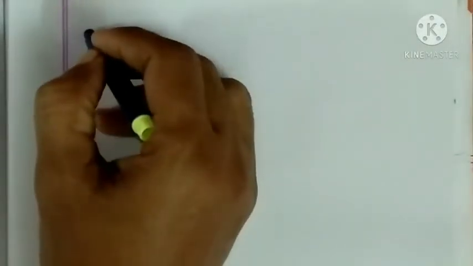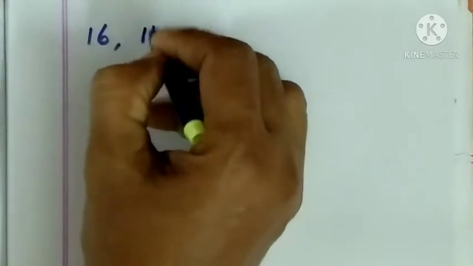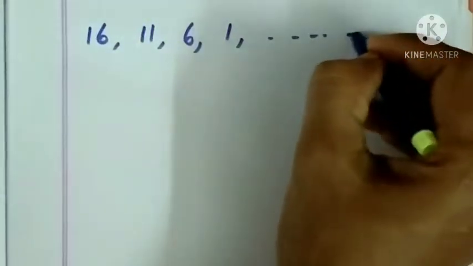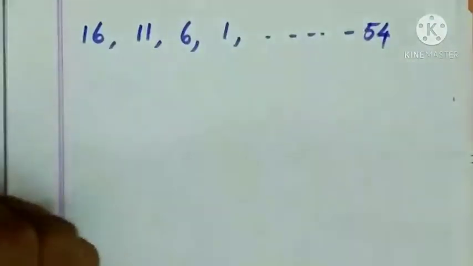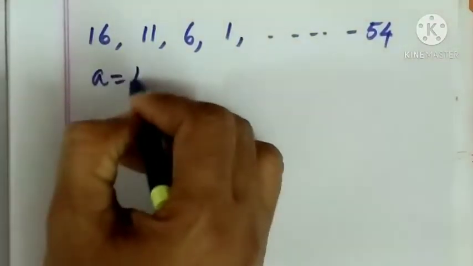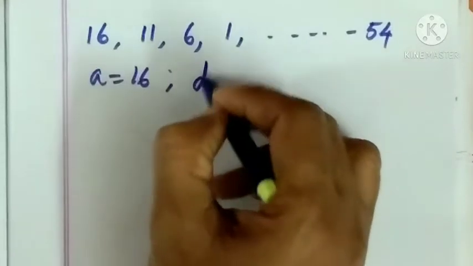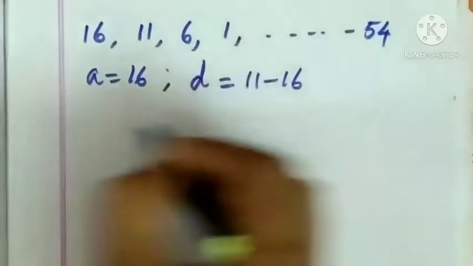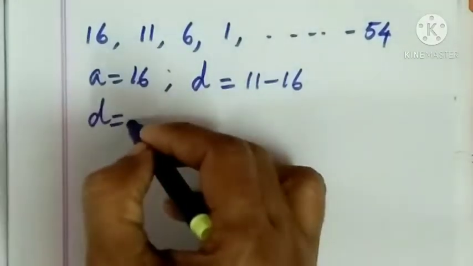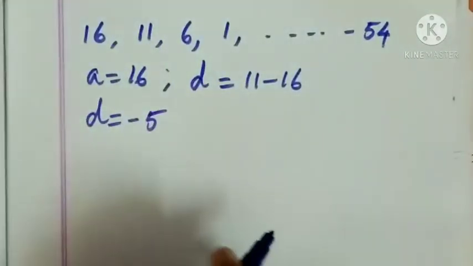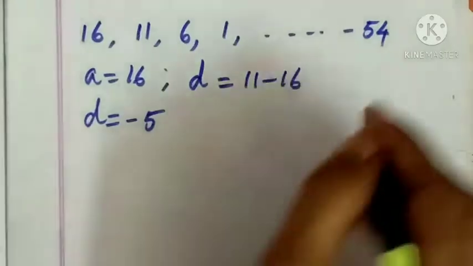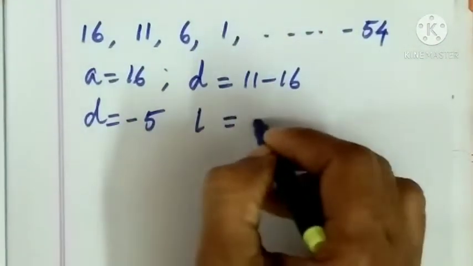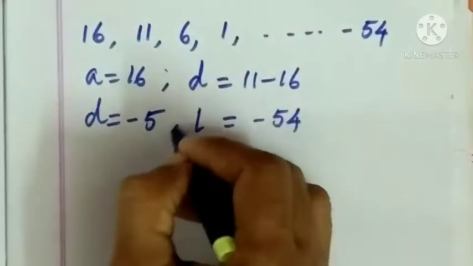Take down and write the given AP 16, 11, 6, 1 up to minus 54. Here A is equal to 16 and D is equal to 11 minus 16, that is D is equal to minus 5. Now, let us assume this number is the last term, that is L is equal to minus 54.